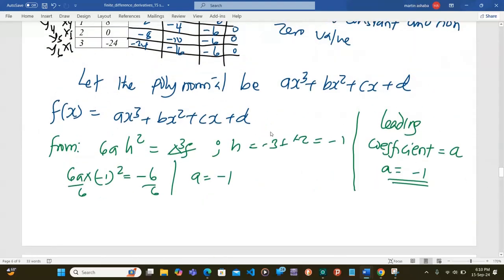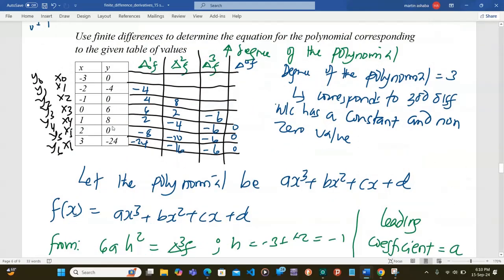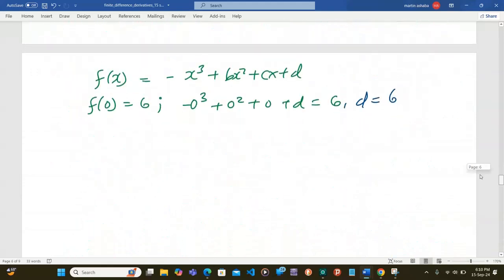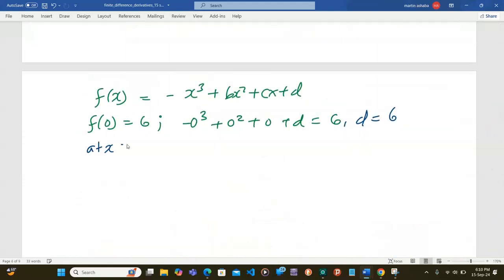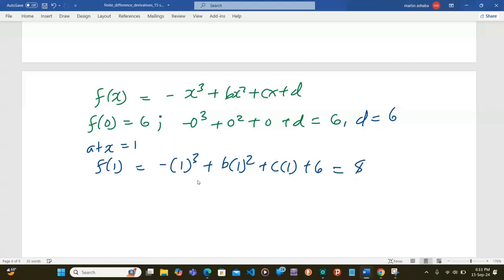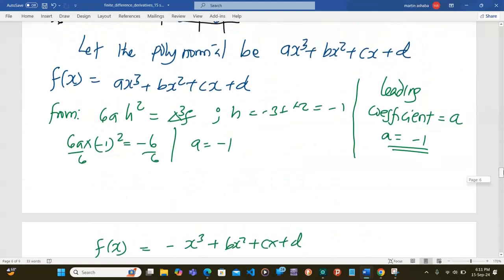What else? I can also put in f of 1. So at x is equal to 1, f of 1 will equal negative 1 cubed plus b into 1 squared plus c into 1 plus 6, and this is equal to 8, as seen up here, because f of 1 is equal to 8.